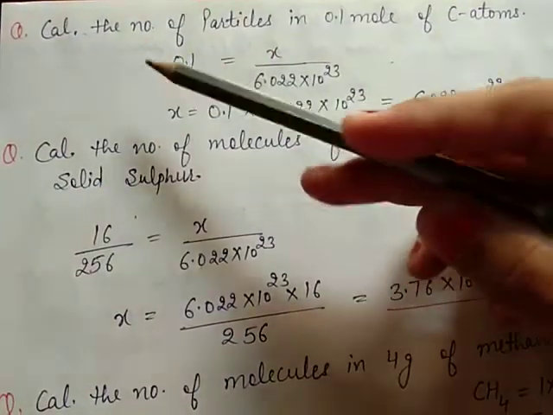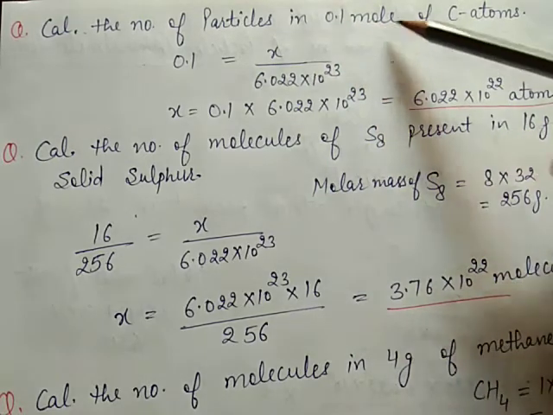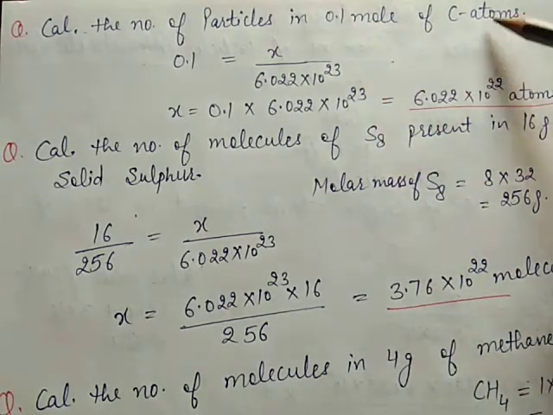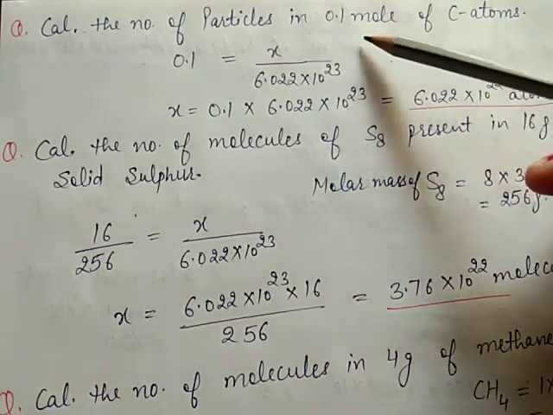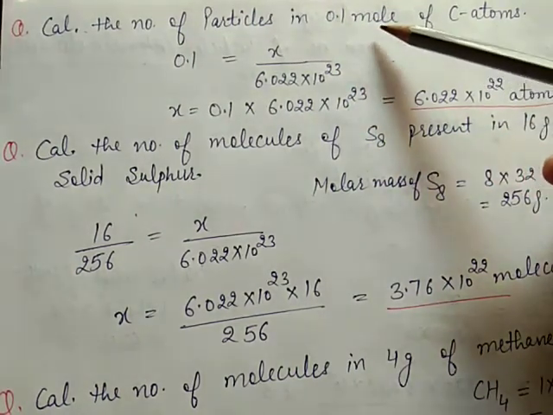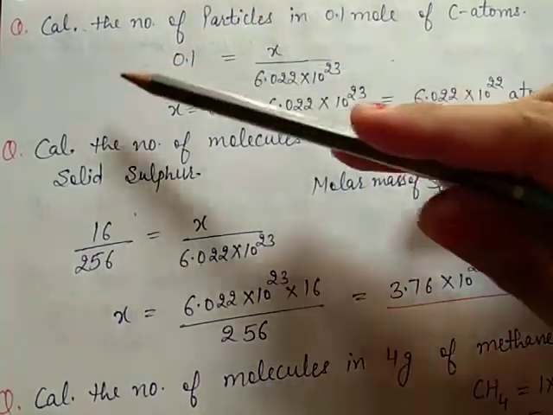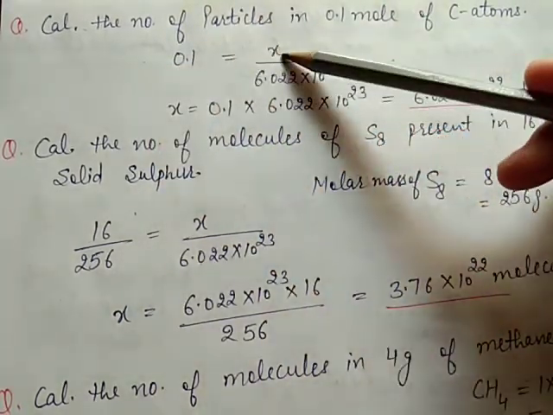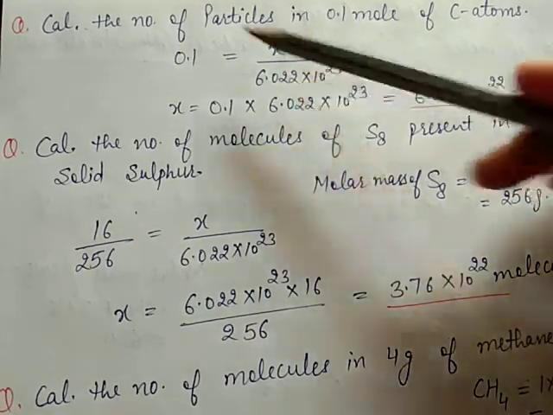Now the next question: calculate the number of particles in 0.1 mole of carbon atom. Here atoms are present and moles are given, so no need of molecular mass. This is the number of moles. Apply the same formula: number of moles is equal to number of particles divided by Avogadro number.